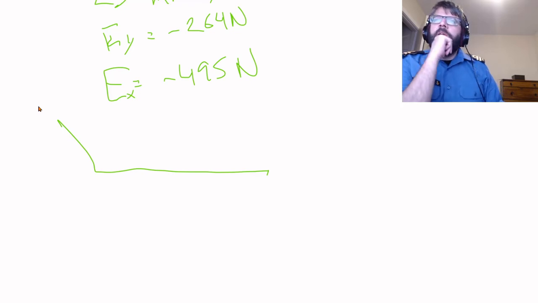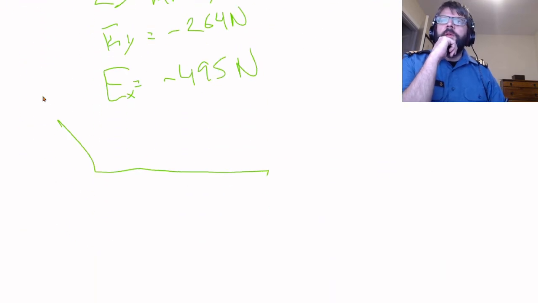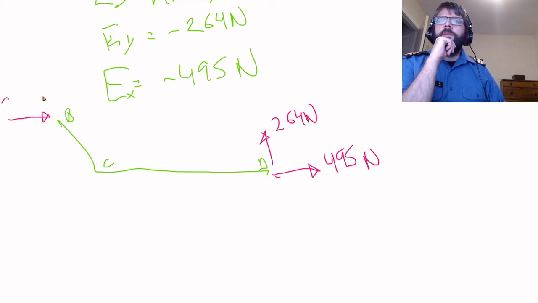If it's compressive, then over on the bar BCD we've got a compressive force pushing this way at DX, and pushing upwards here, 264 newtons. And we already knew that this force here is 300 newtons.